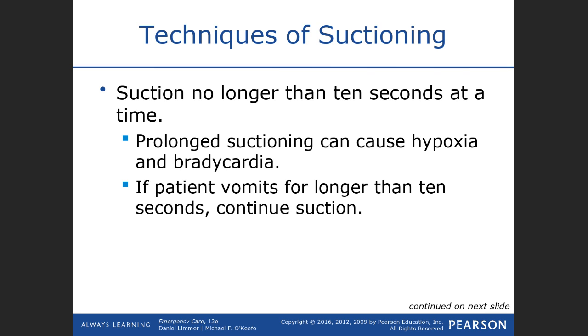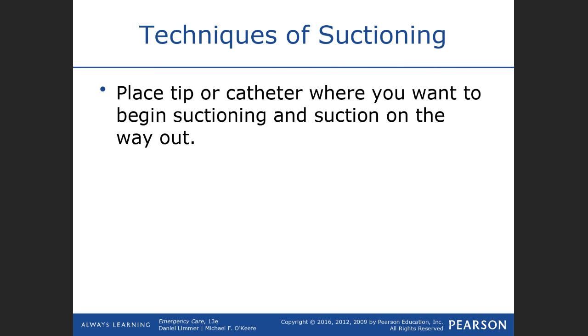And if you're going to do continuous suctioning, then you should have an oxygen source on the patient. So place the tip of the catheter where you want to begin suctioning and suction on the way out. So you suction while coming out, you don't suction going in.